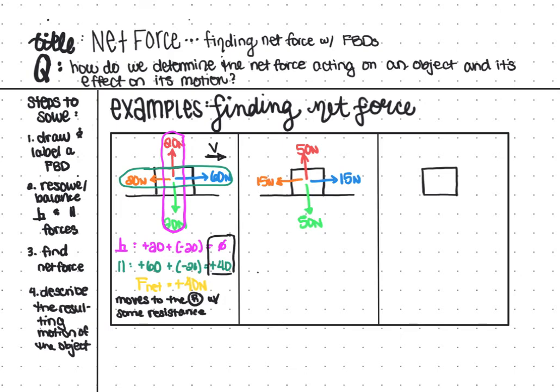Again, in terms of process, we're going to first look at the perpendicular forces, then the parallel forces, which is going to land us at the net force, followed by your description. So go ahead and take a couple of seconds to think through this particular example.